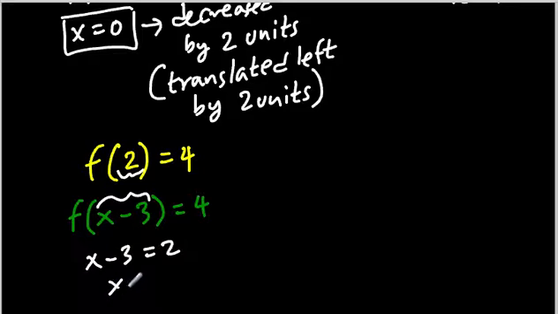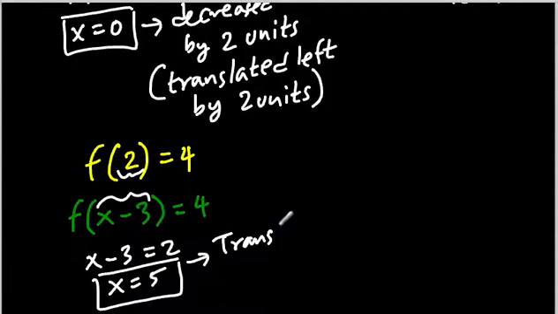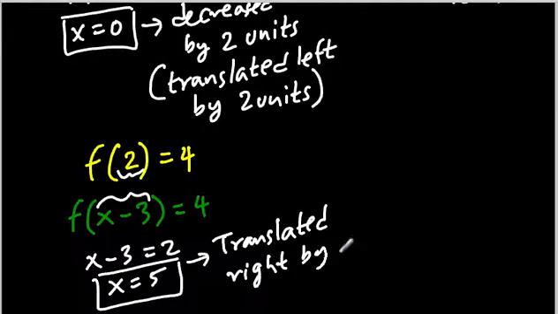And if we solve for x, we get x equals 5. So what has that done? So if we go from 2 to 5, that's really a movement to the right by 3 units. So it's translated right by 3 units. And that's really interesting.